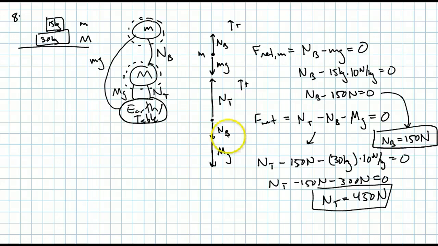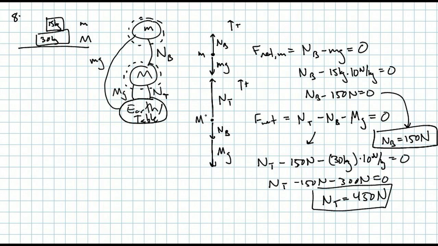So it might be tempting to call this normal force here a weight, but it's really not. In this one particular case, it happens to be equal to that upper weight, but it's not accurate to call this a weight. You can only ever have one weight per diagram because the weight is the interaction between the Earth and an object, and this weight is the interaction between the Earth and that object, not this object.